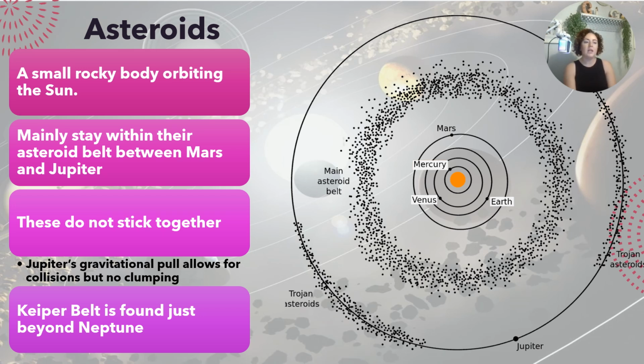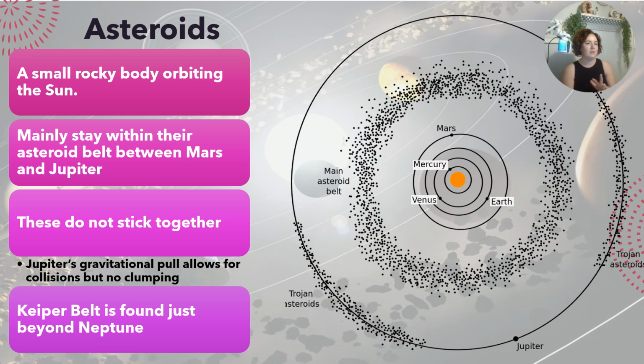But because of the sun's massive gravitational pull, countered by Jupiter's massive gravitational pull, these rocks don't ever stick together. They hit each other, and you can actually hit an asteroid out of the asteroid belt, and that's how they come closer to us. Because of Jupiter's gravitational pull, it doesn't really allow for the clumping to happen.